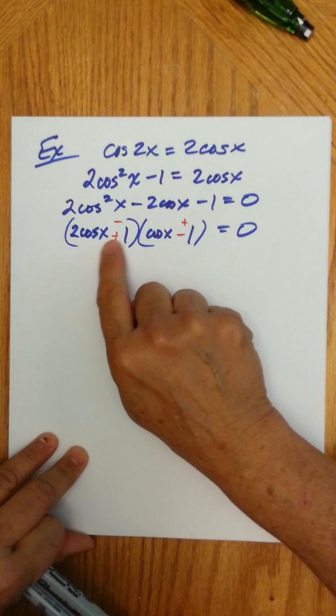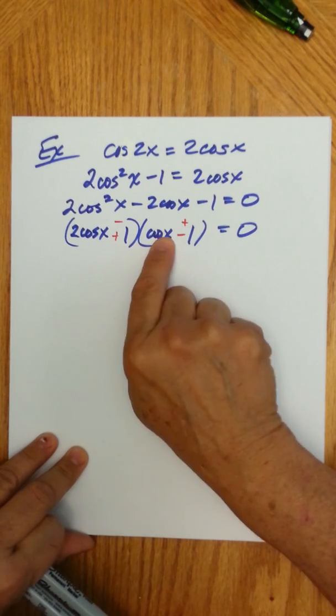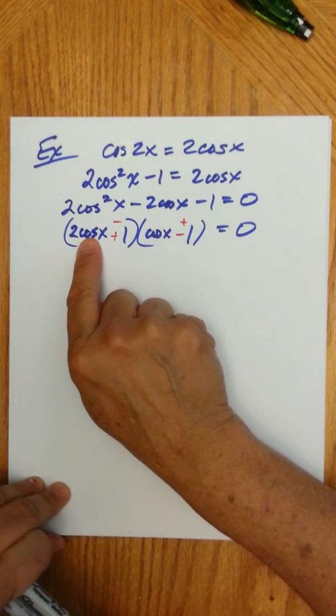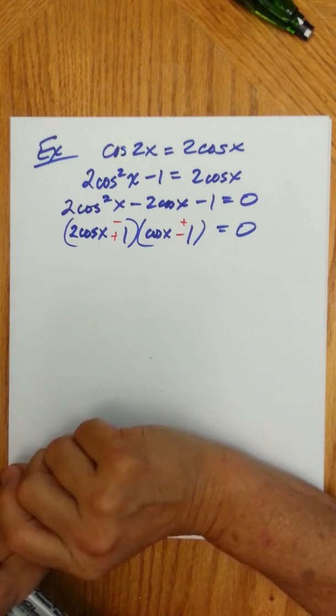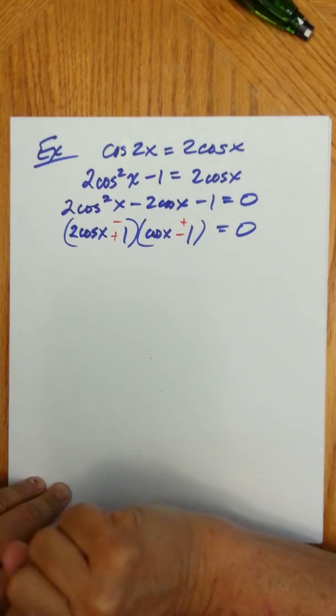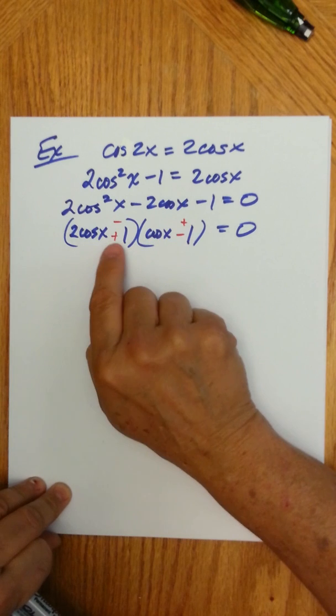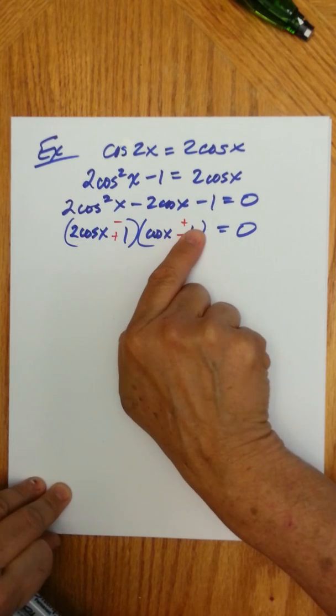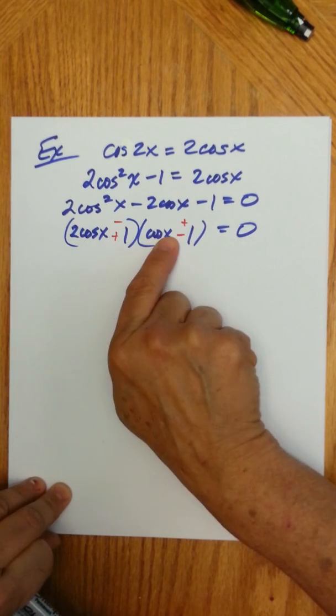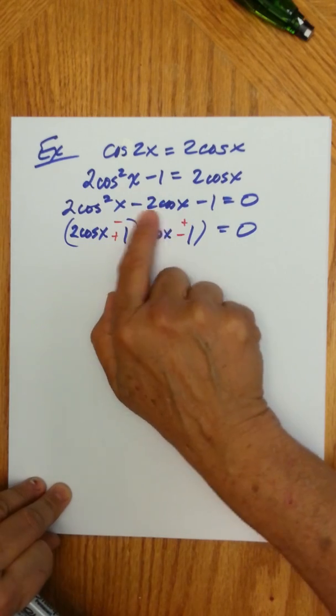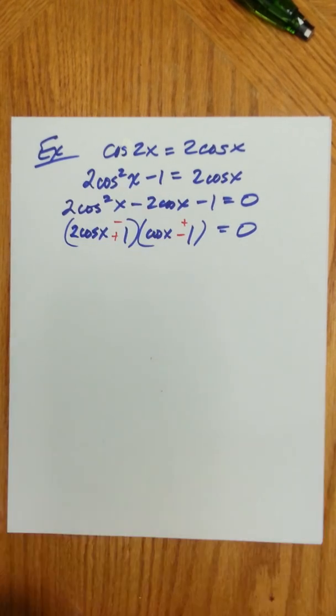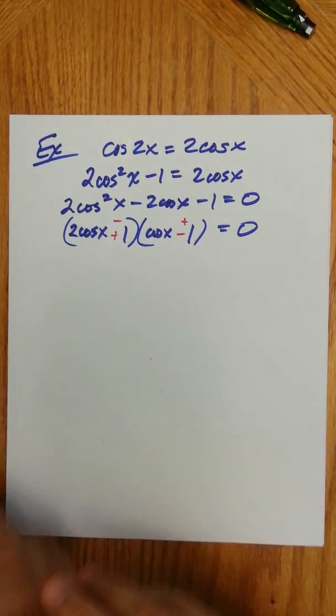If I use this bottom one, I'd have a positive cosine x and a minus 2 cosine x. That'd just be a minus cosine x, not minus 2 cosine x. If I use the top combination, I'd have positive 2 cosine x and a minus 1 cosine x would give me a positive 1 cosine x, not a negative 2 cosine x. So I know I can't really factor this, so I'm going to have to use the quadratic formula.